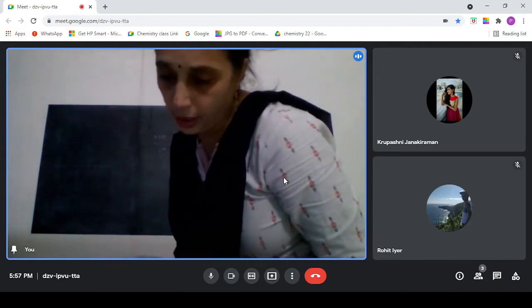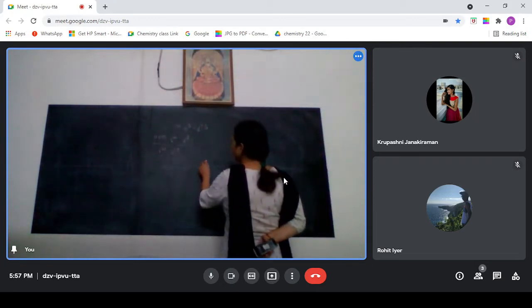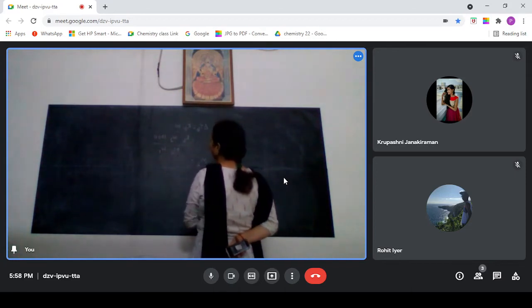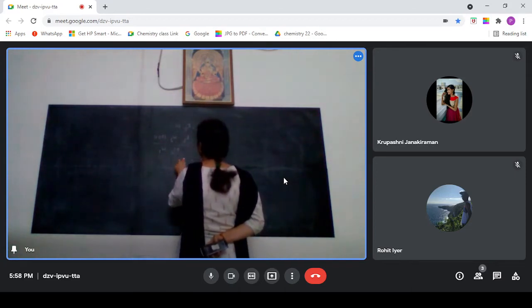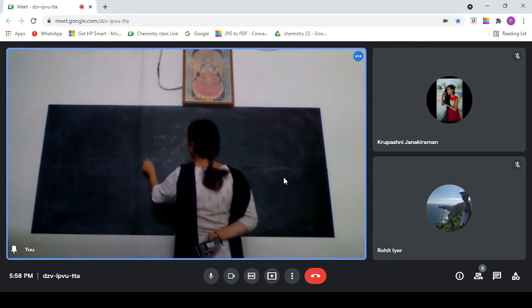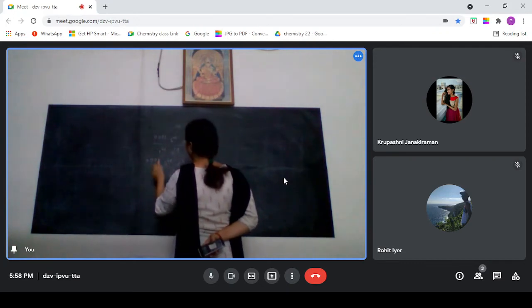So what you have to find out is the molar mass of the compound. So M2 will be equal to Kb into W2 into 1000 by delta Tb into W1.